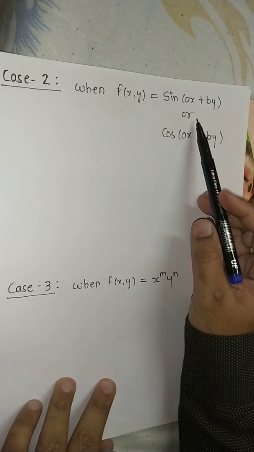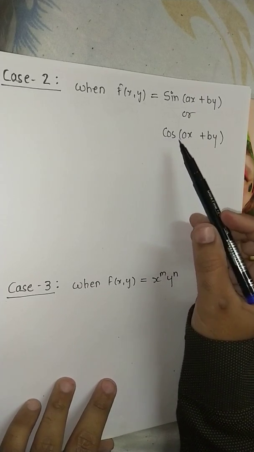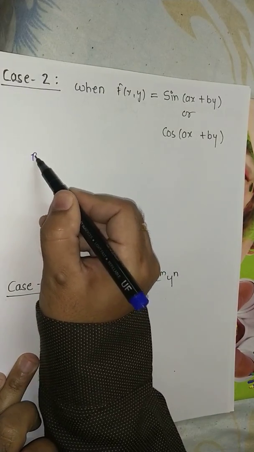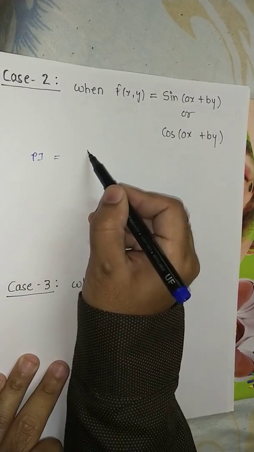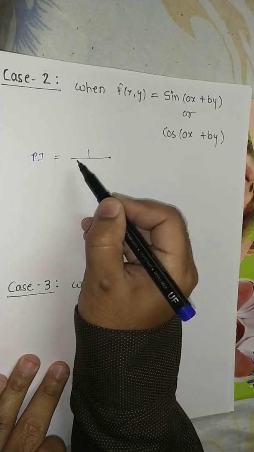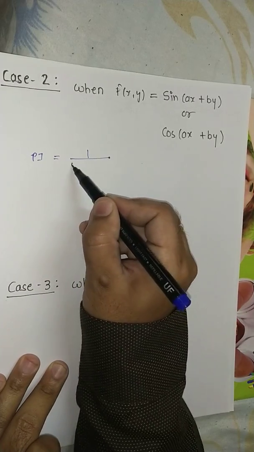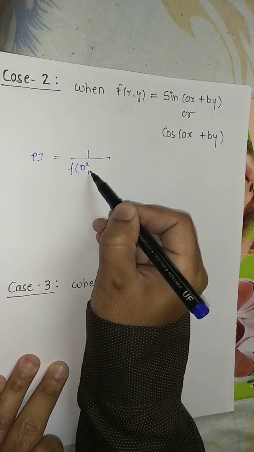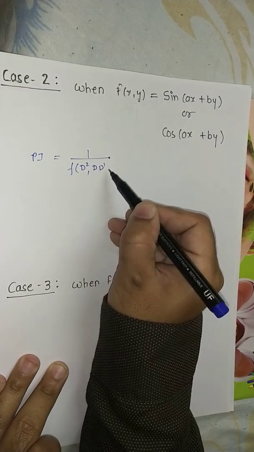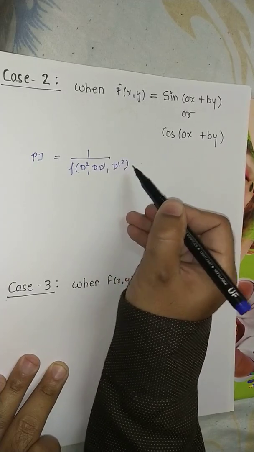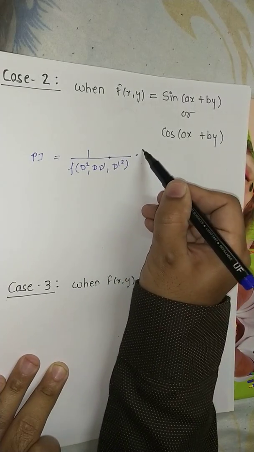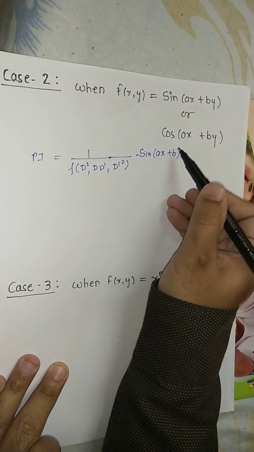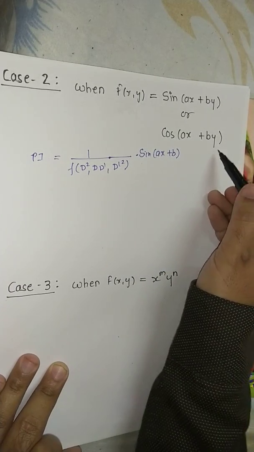So in this case, the particular integral will be written as PI is equal to 1 upon f of D square, DD dash and D dash square, dot sine of ax plus by or cos of ax plus by.